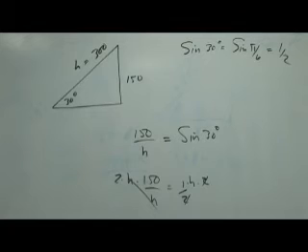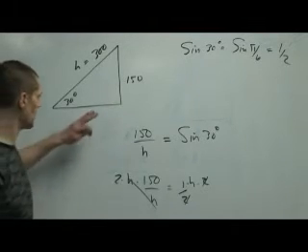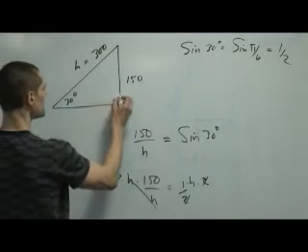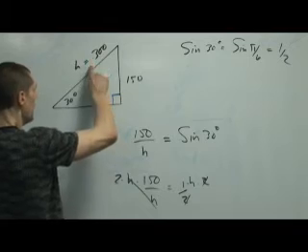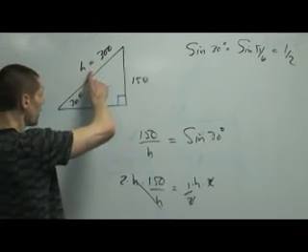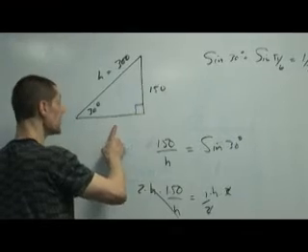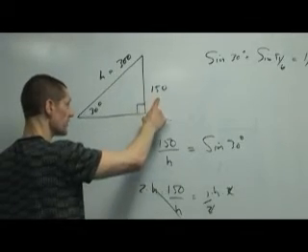Incidentally, if we want to complete the information on this triangle, what is this side? By Pythagoras' theorem, since this is a right triangle, the hypotenuse squared is equal to this squared plus this squared, so this squared must equal the hypotenuse squared minus this squared.